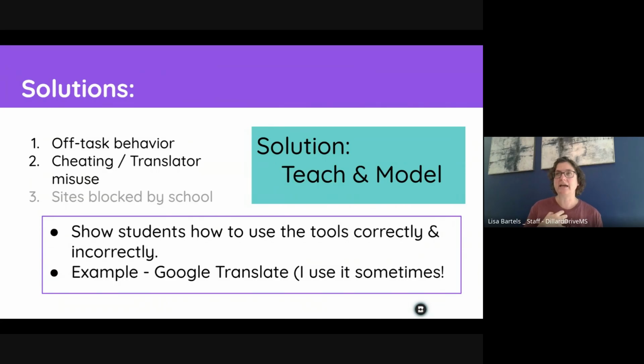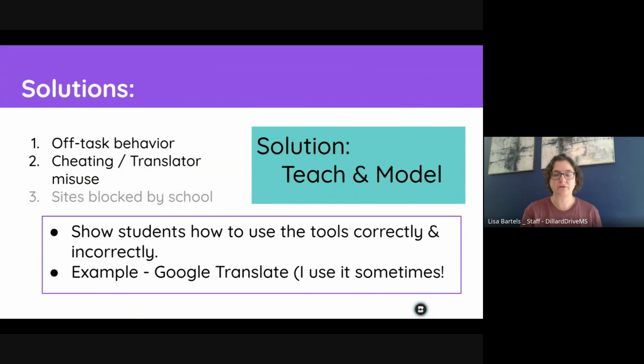So if I'm doing that as a professional in my own language use, I need to teach students how to do it too. And so I will model for kids, like, hey, I don't know this word. Here's a place I would use Google Translate, or here's how I would use it. And I'll show them that, or I'll show them sometimes when I'm reading something and I don't know what this phrase means. So how am I going to handle that? I'm going to first try to build comprehension. And then if I'm really stuck, I might look the word up.